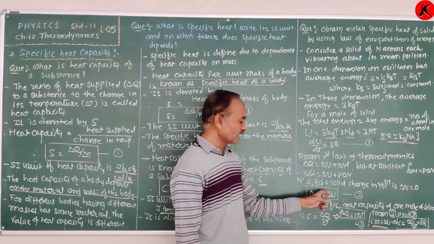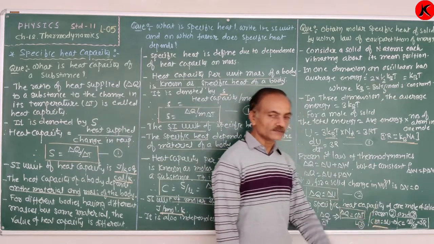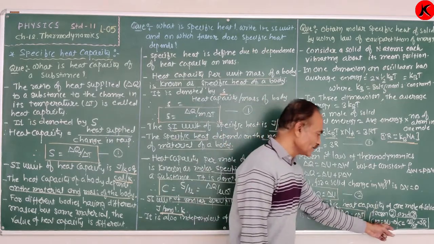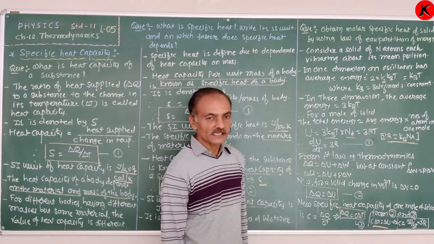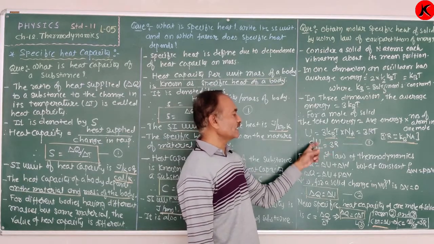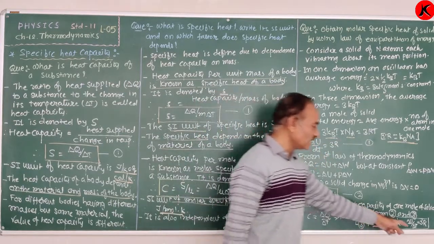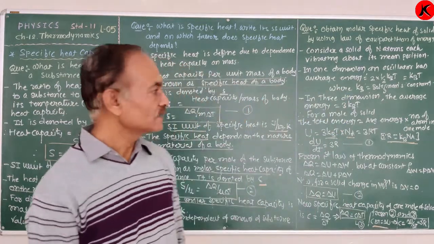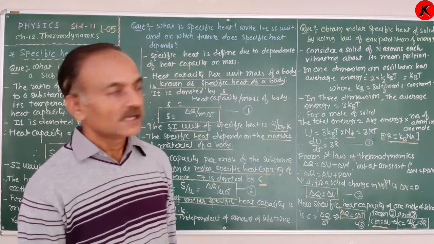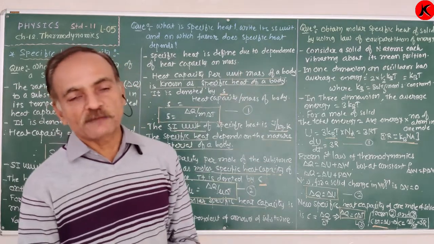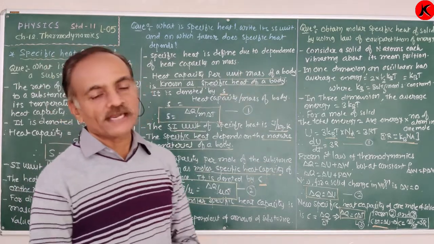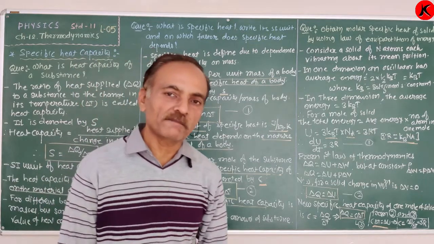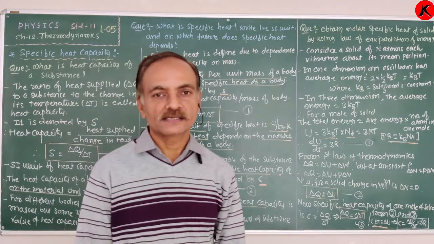Therefore, C delta T is equal to delta U. Therefore, C is equal to delta U upon delta T. But we have from equation 1, delta U upon delta T is 3R. Therefore, C is equal to 3 into R. So, that is the molar specific heat of solid by using the law of equipartition of energy. Clear?